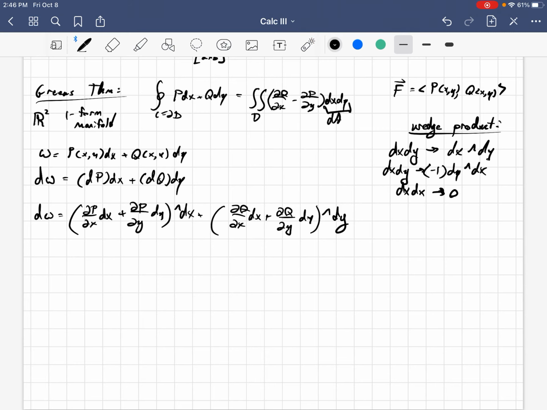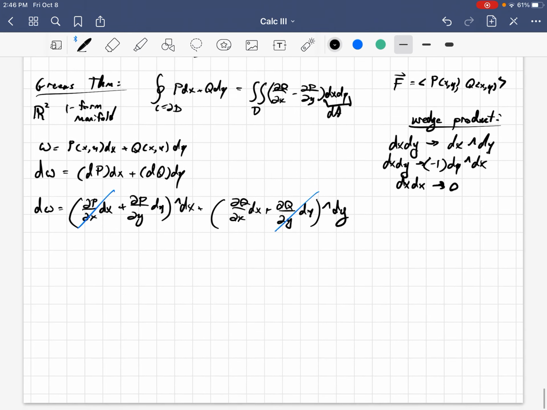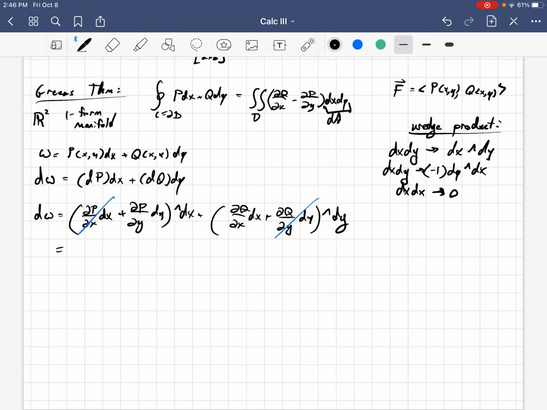So this goes away, and this goes away, because we're going to have a dy wedged with a dy. The wedge product is distributive, though, so what we end up getting would be the partial of P with respect to y dy wedge dx plus the partial of Q with respect to x dx wedge dy.